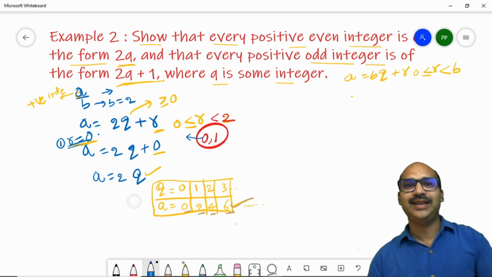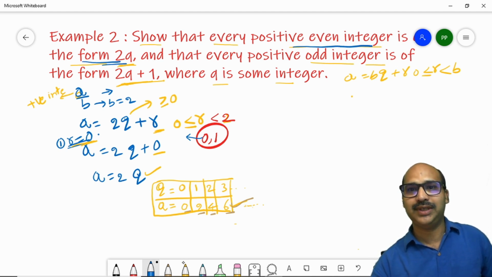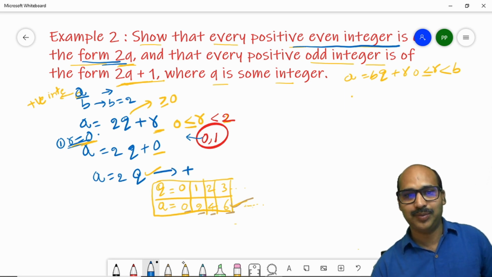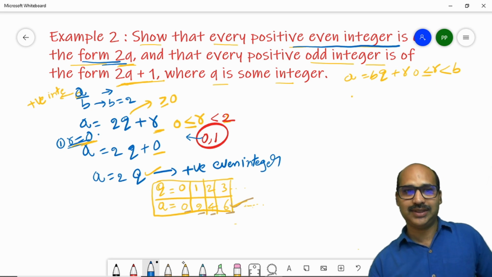These are all even numbers. So in the form of 2q, every positive even integer. Now this is one case.